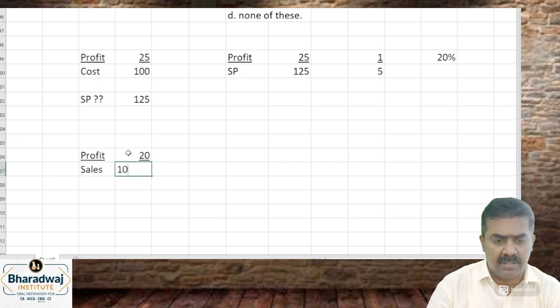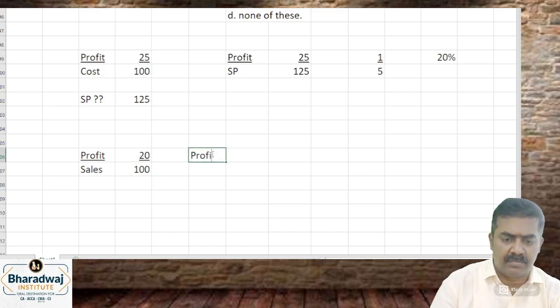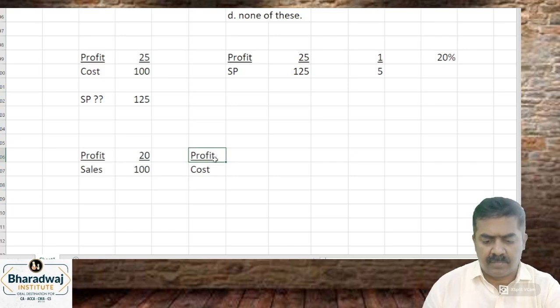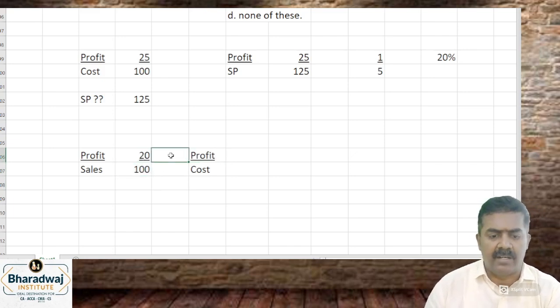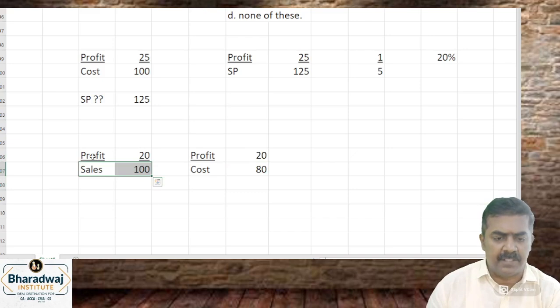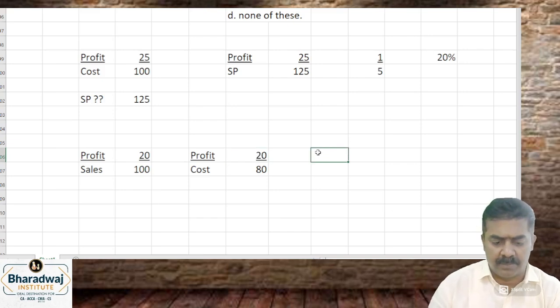20% on sales. Then how much will be the profit on cost? 20 by 100. Then how much will the cost be? 80. Sales 100 rupees, profit 20 rupees, so cost is 80. Nothing but 1 by 4.